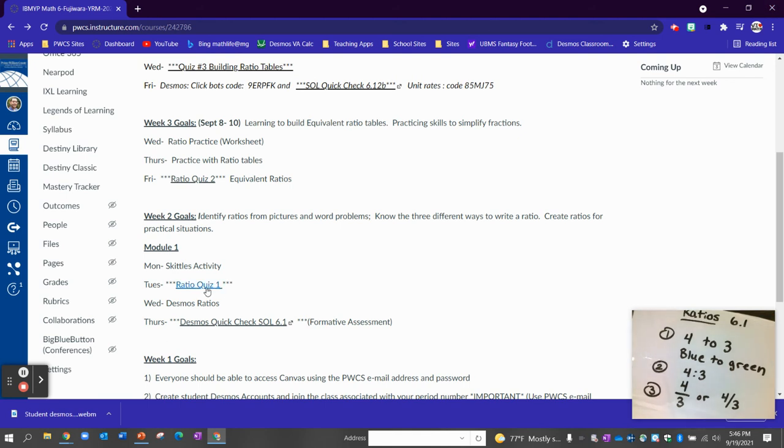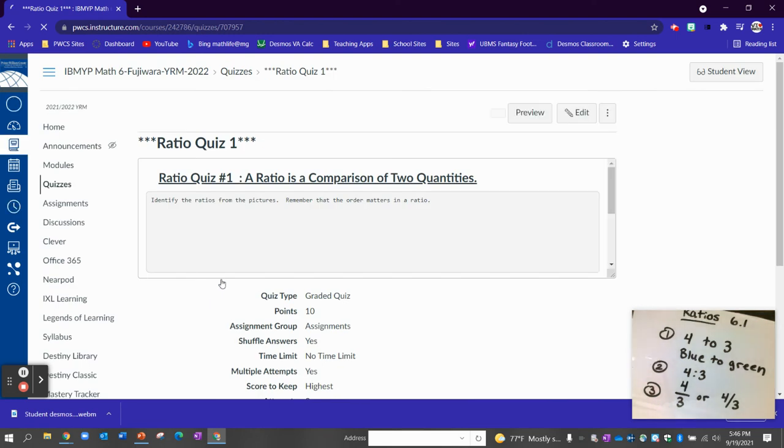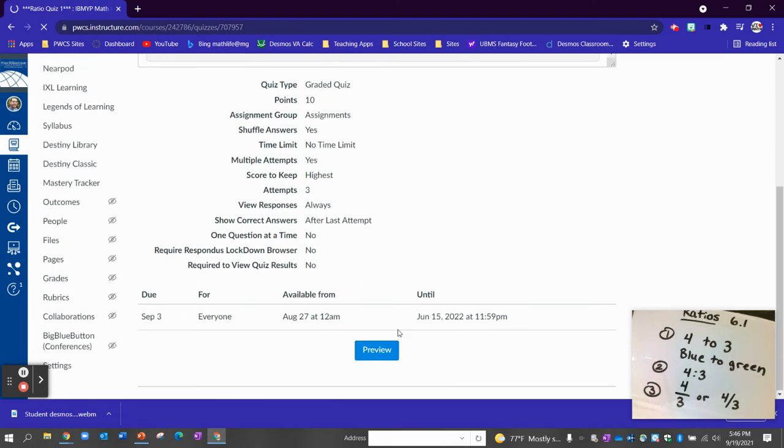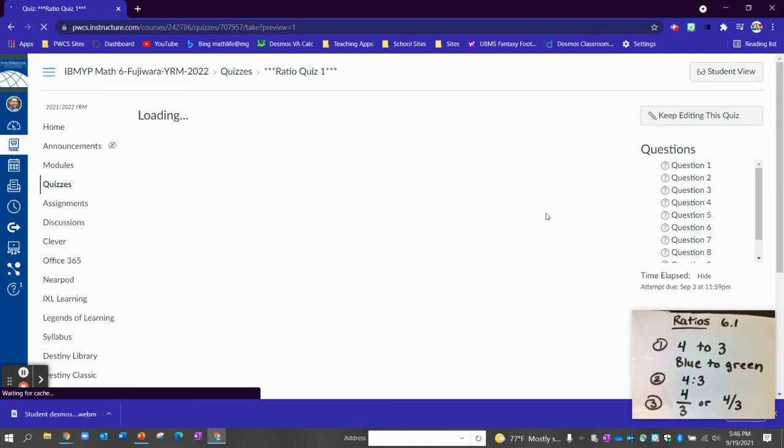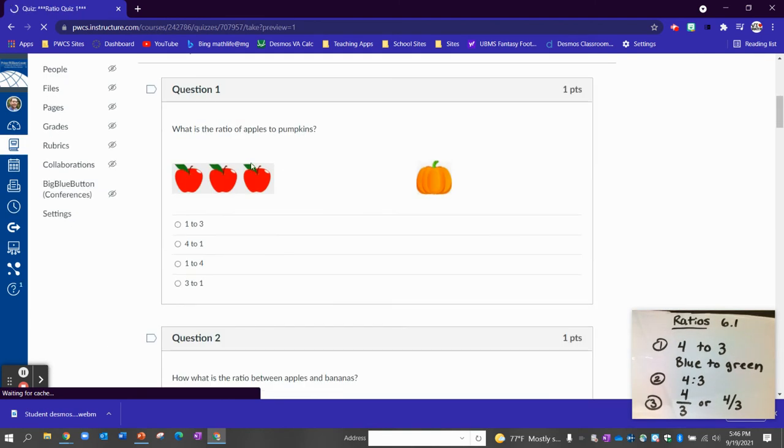And let me go into the ratio quiz. We'll preview that. So this is saying, what is the ratio of apples to pumpkins? And remember that the order matters.